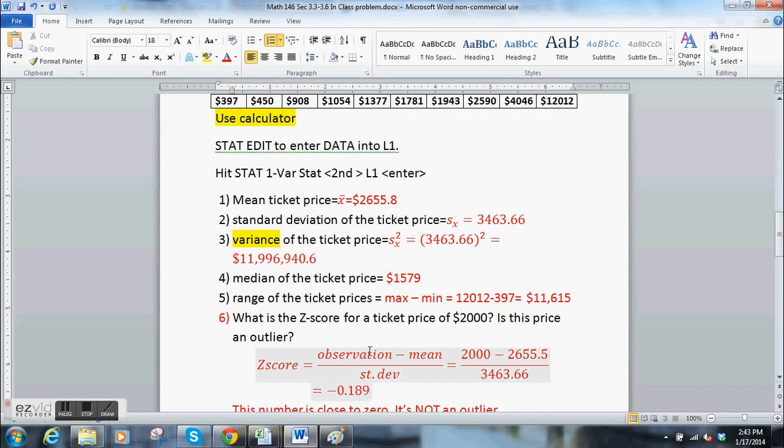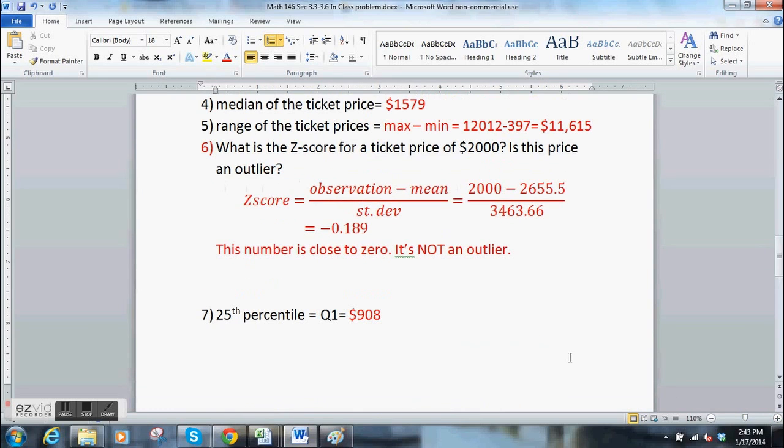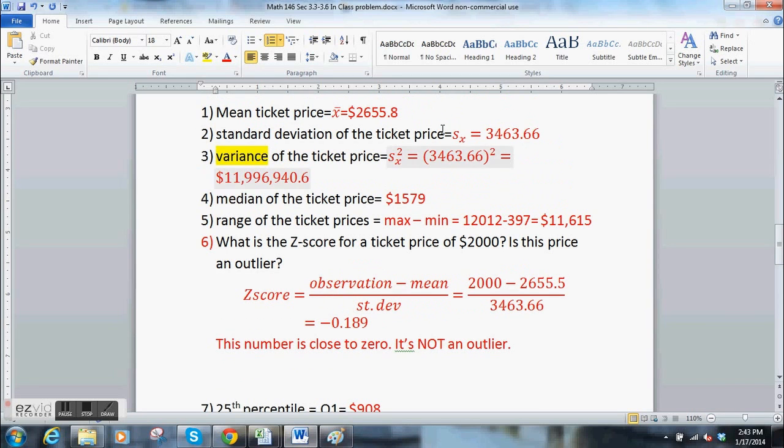What is the z-score for a ticket price of $2,000? Is this price an outlier? So the z-score, I'll make this a little bigger for you. The z-score is the observation minus the mean divided by the standard deviation. In this case, the observation is 2,000. Subtract the mean, which we found up there was 2655.8. And divide by the standard deviation, again the sample standard deviation, 3463.66.